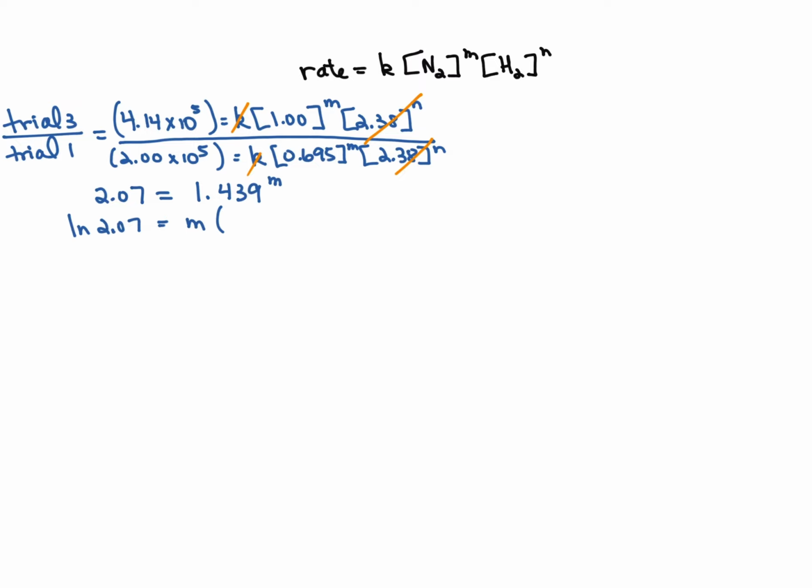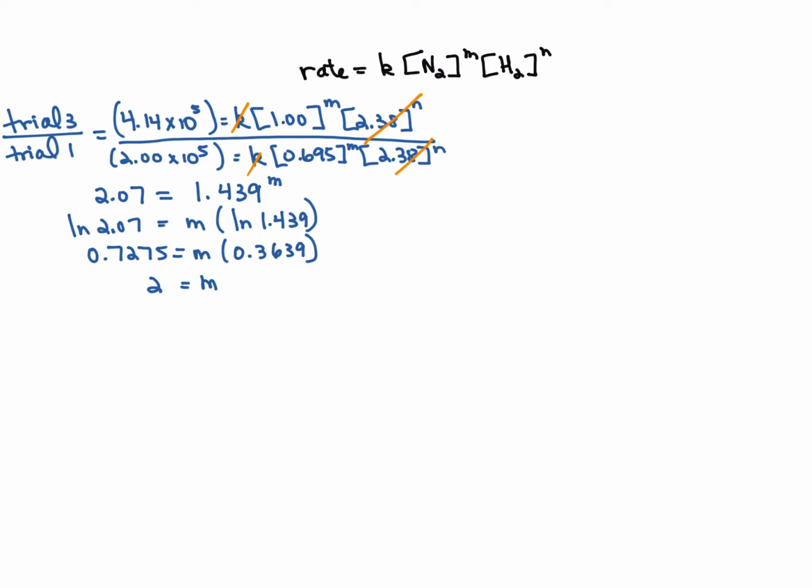This brings M down. The natural log of 2.07 is 0.7275. The natural log of 1.439 is 0.3639. 0.7275 divided by 0.3639, M equals 2.